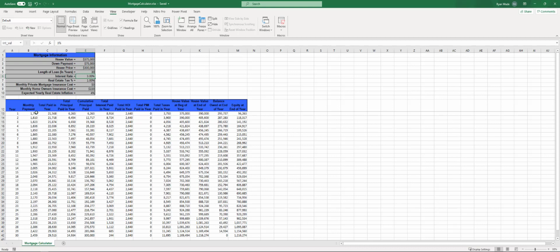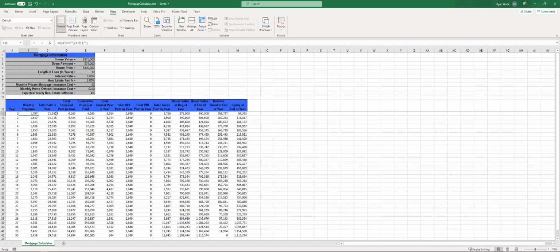The next column that we have here is a column that will calculate the monthly payment, and that simply is a calculation that says that if there is a value in cell A13 in this instance, perform a calculation.